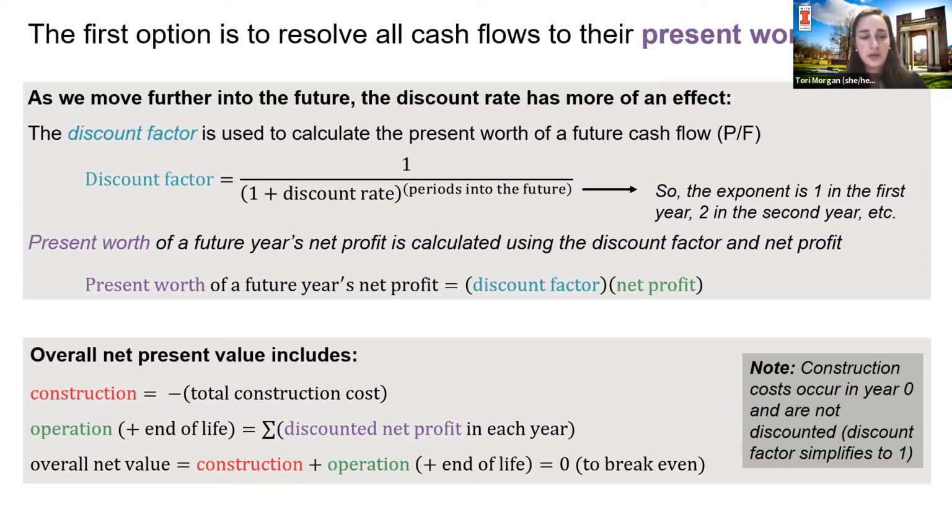The overall net value is the construction plus the operation. You want to set it equal to 0 to see if you're breaking even. If you are higher, then you might need to offset costs more if you have a negative value.